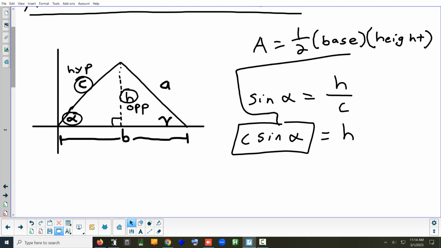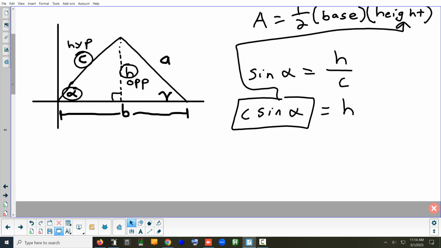I'll take that, fill it in right there, and now you have a new formula for the area of a triangle that's going to use the sine function. So it's going to be area equals 1/2. What did we call the base in this picture? B. 1/2 the base times the height, C sine alpha.